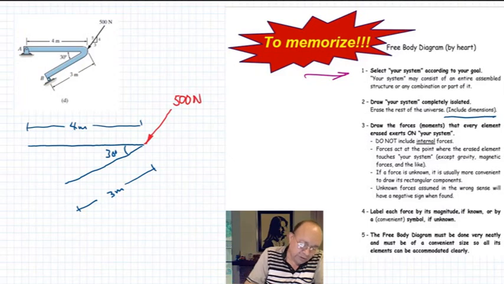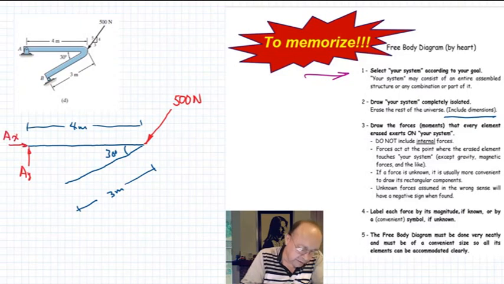We remove the support at point A, and that support is a pin support, so it has two reactions, one in the vertical direction, let's call it AY, and one in the horizontal direction, let's call it AX.